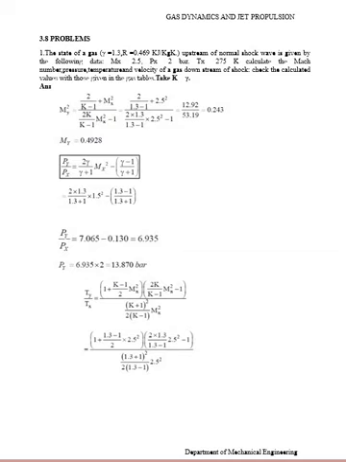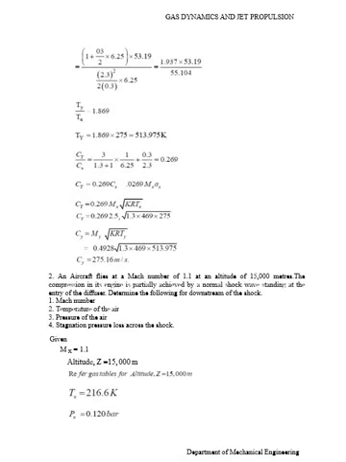The temperature ratio equation: Ty divided by Tx equals 1 plus gamma minus 1 divided by 2 Mx square, into 2k divided by k minus 1 Mx square minus 1, whole divided by k plus 1 whole square divided by 2 into k minus 1 Mx square. This is the temperature ratio formula, and we get Ty divided by Tx equal to 1.869.